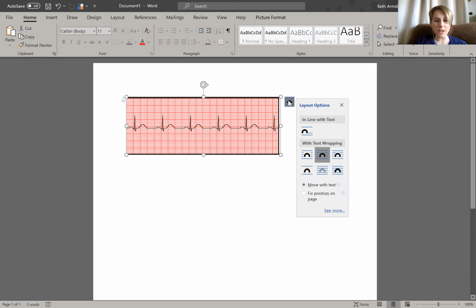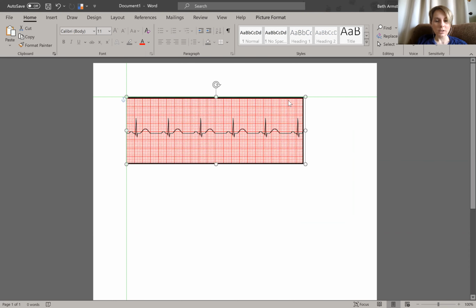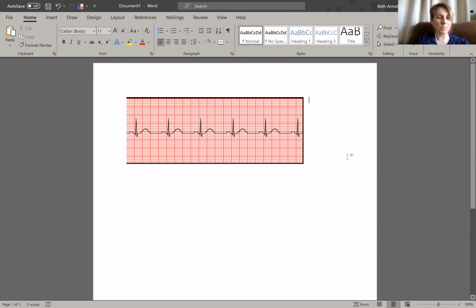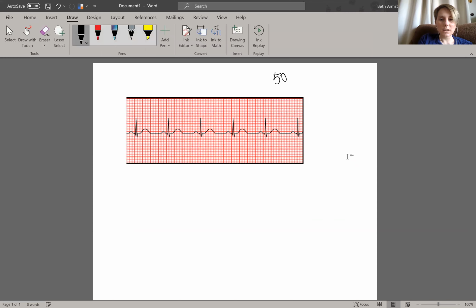All right. So we're going to say that this ECG is going to be a 50 millimeter per second speed, right?